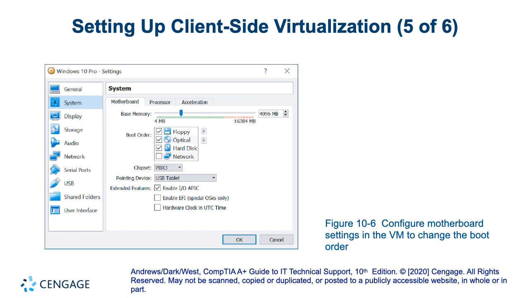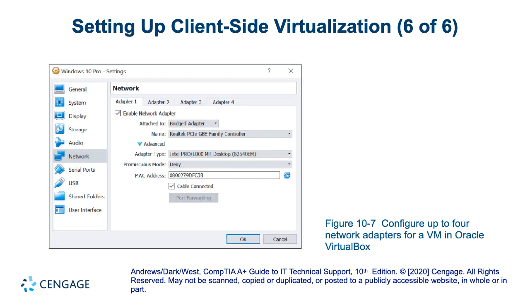You can change out what the boot disk is and other motherboard settings. You can also select and configure network adapters. This, once again, is how you do it in VirtualBox, and we'll at least see it a little bit in VMware, although this is not a networking course, so we won't get too far into what's possible with VMware.